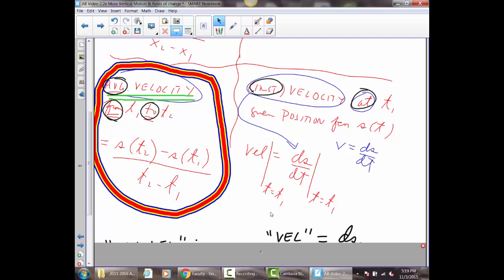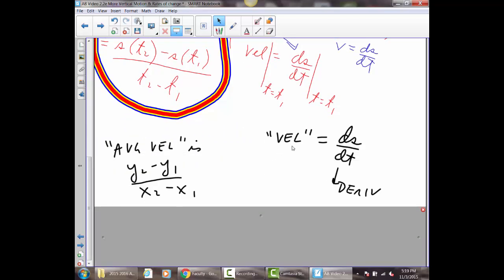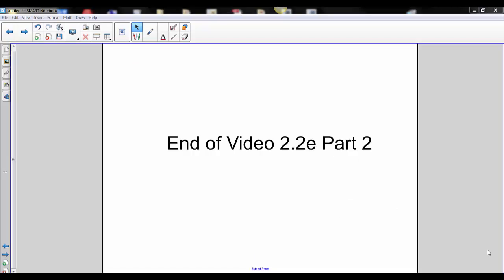So that'll be just a regular old slope formula. So again, the velocity is ds dt, which is the derivative. The average velocity is y2 minus y1 over x2 minus x1, which is not a derivative. And that's the end of video 2.2e, part 2.